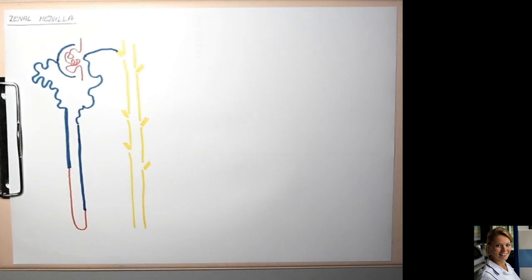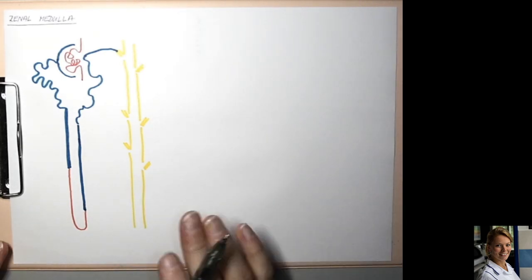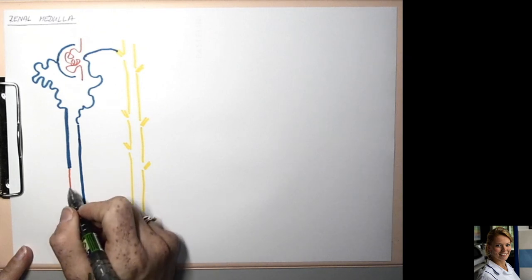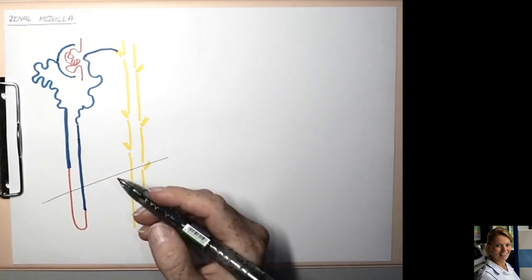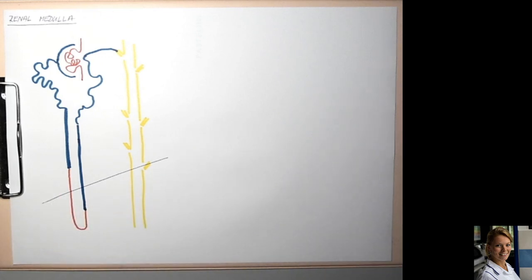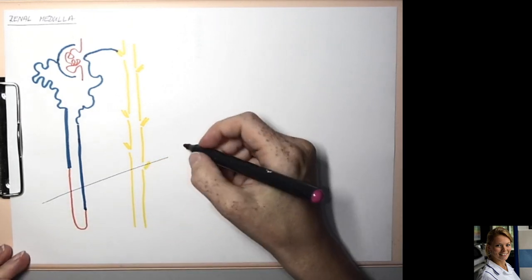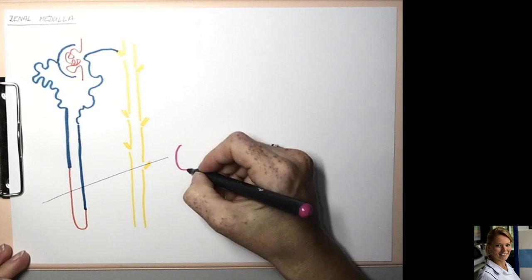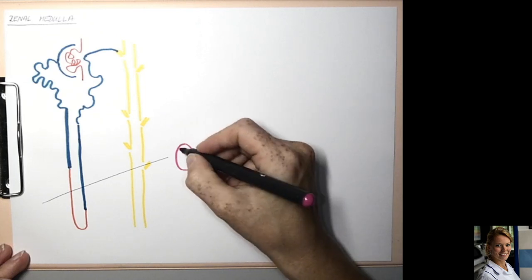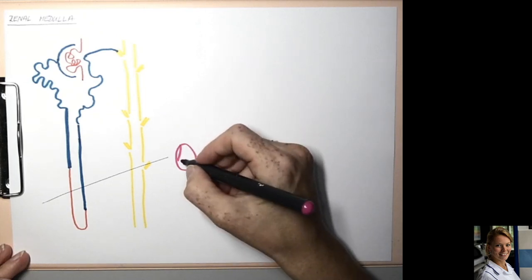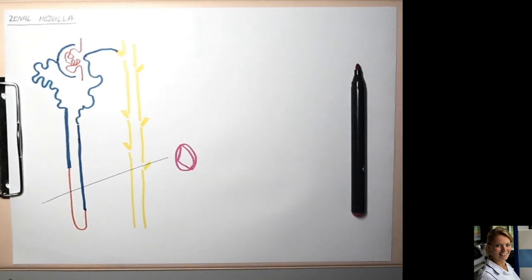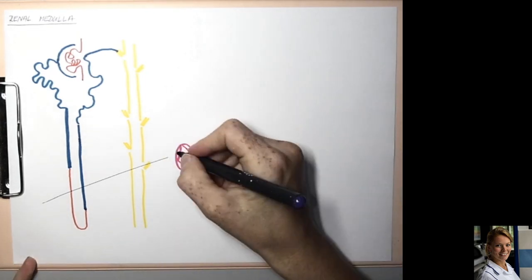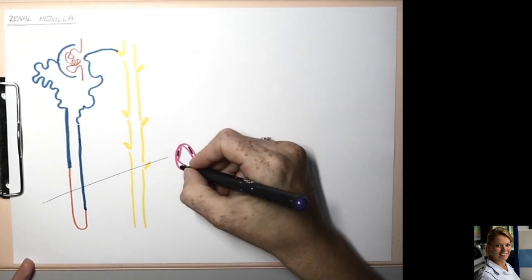So when we take the cross section through the renal medulla, we will see the cross section through the thin limb of loop of Henle, which is lined by simple squamous epithelium, flattened cells with flattened nuclei.